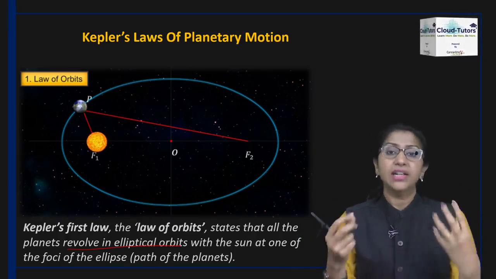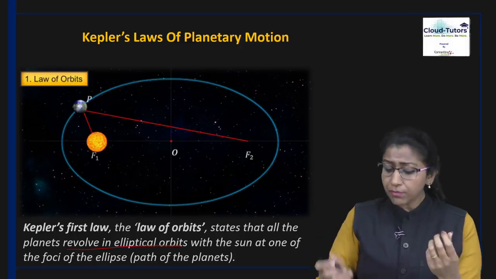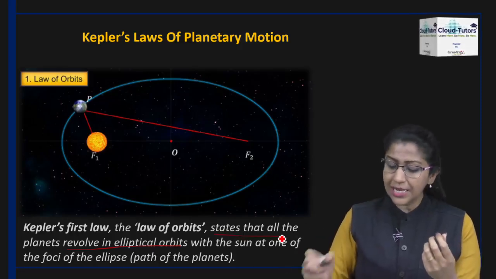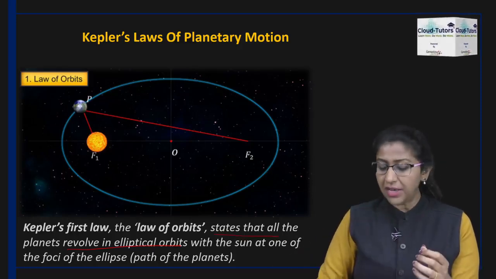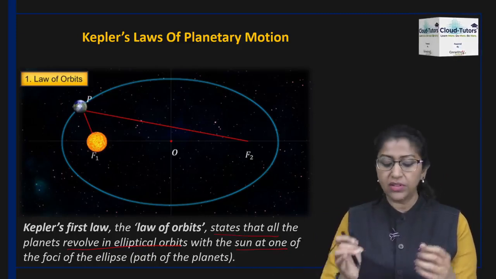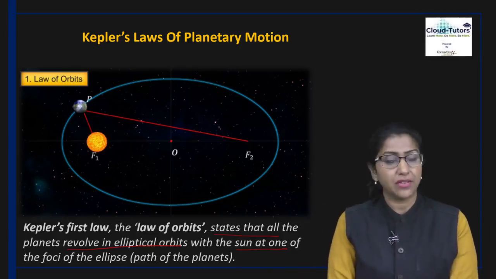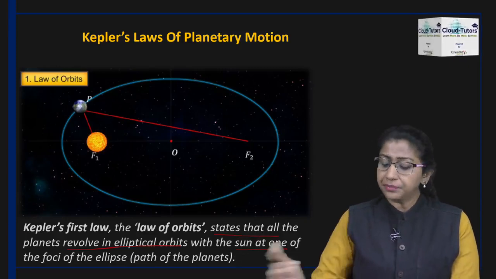So what did Johannes Kepler propose as the law of orbits? It states that all the planets revolve around the sun in elliptical orbits, with the sun at one of the foci of the ellipse, which is the elliptical orbit of that given planet.